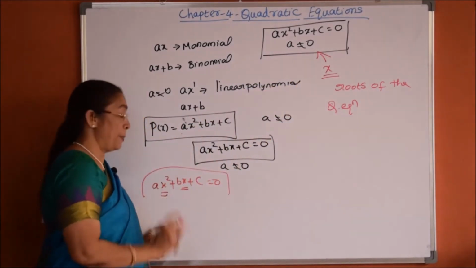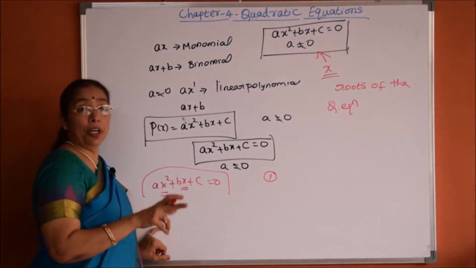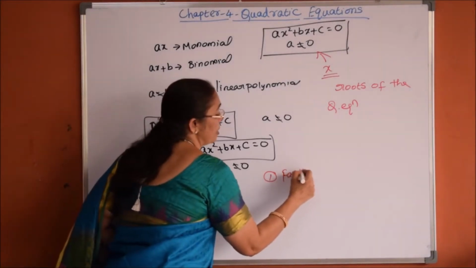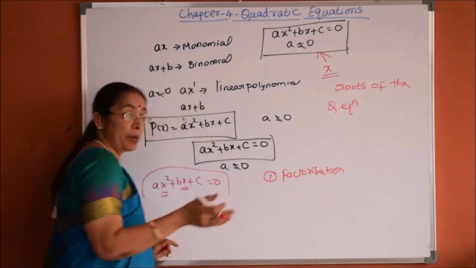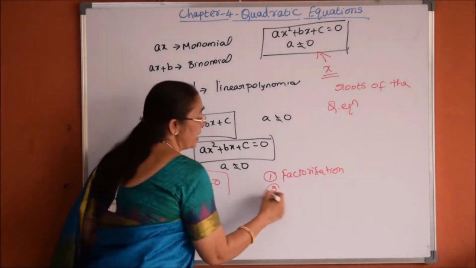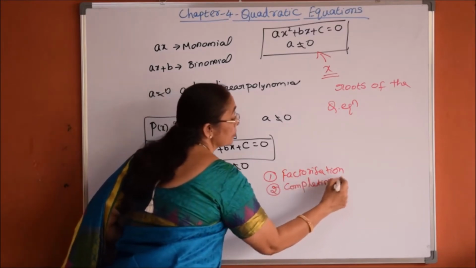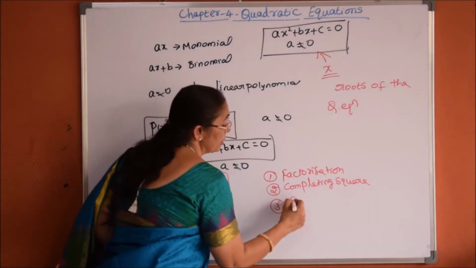In this chapter we are going to learn how to solve the quadratic equation by 3 methods. Method 1, factorization method. This is nothing but splitting of middle terms, which you have been doing from 8th class onwards. Second one, completing square method. And third one, formula method.